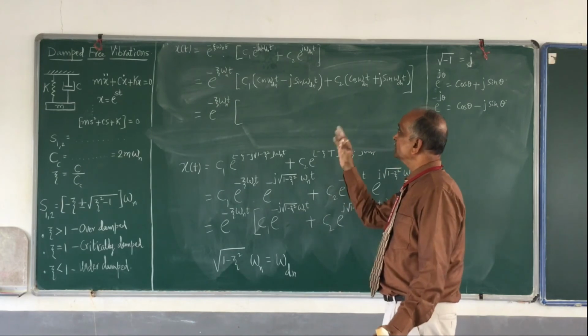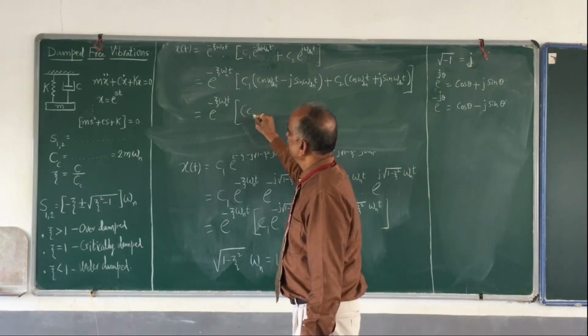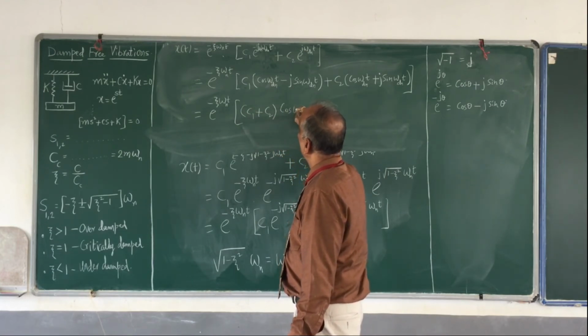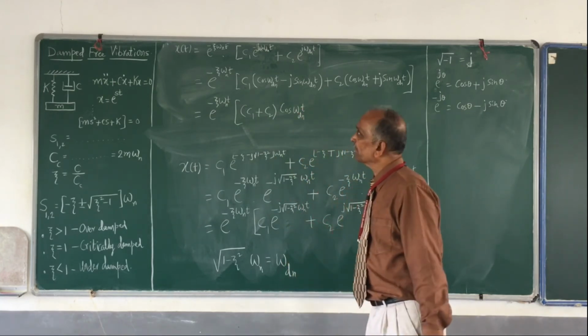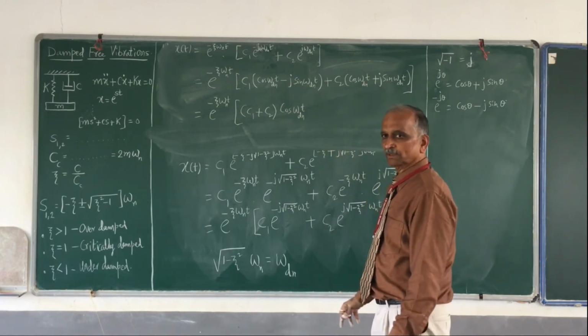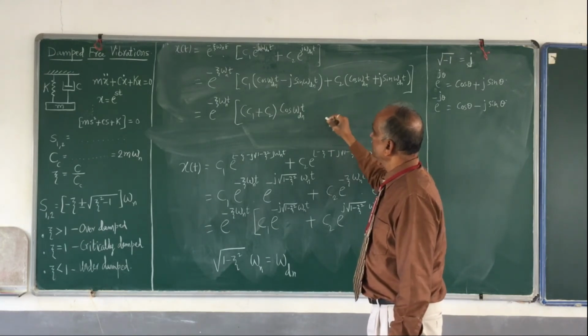So I shall take cos of omega dn into t common, and therefore it will be C1 plus C2 into cos of omega dn into t. Here C1 into minus j, so sin omega dn t is what I would like to take common.